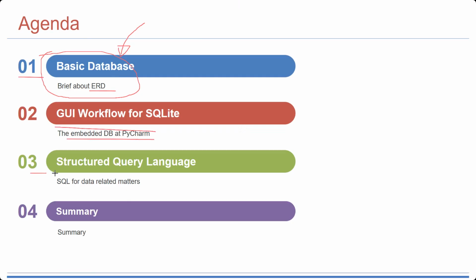And last, we are going to learn about SQL. Those things about the database and SQL, actually you can join the database course for more detail. But today we are just looking at a very brief overview of database and SQL.